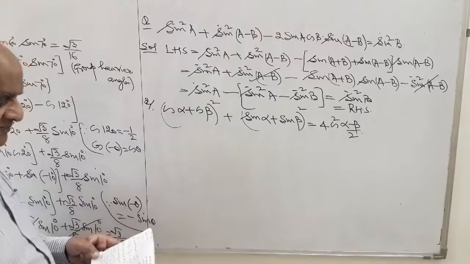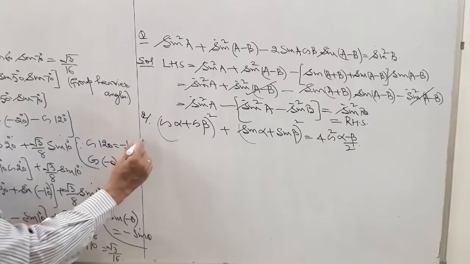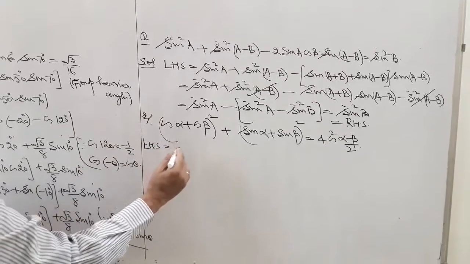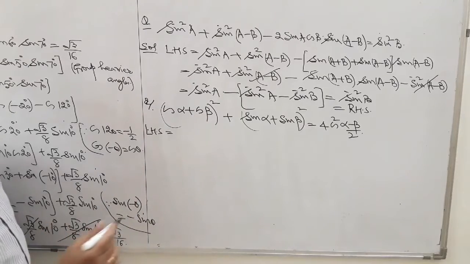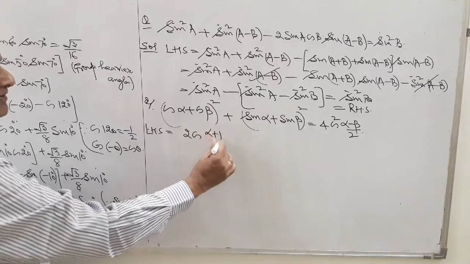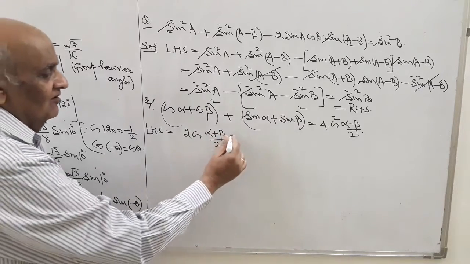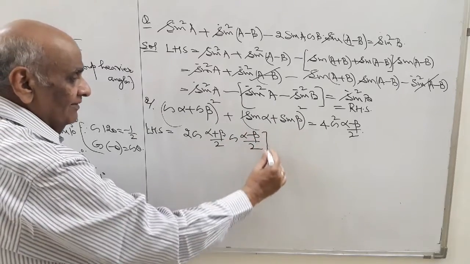See, check out. So it's very simple. Left hand side, apply the CD formula. Cos C plus cos D: 2 cos alpha plus beta by 2 cos alpha minus beta by 2 the whole square.